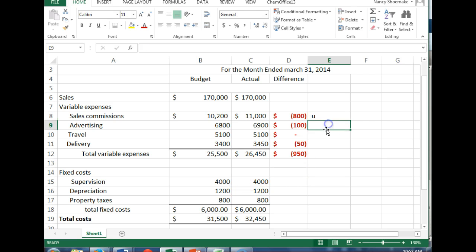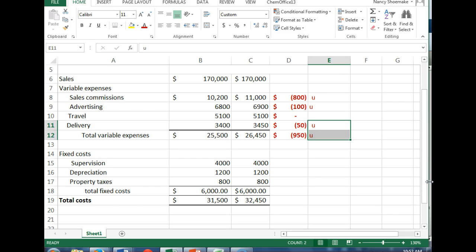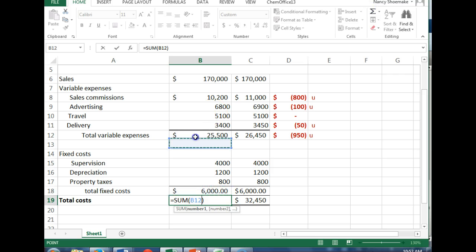Unfavorable. Okay? So ultimately here, our fixed expenses stayed the same, but our total expenses ended up being the 25,500 plus the 6,000.